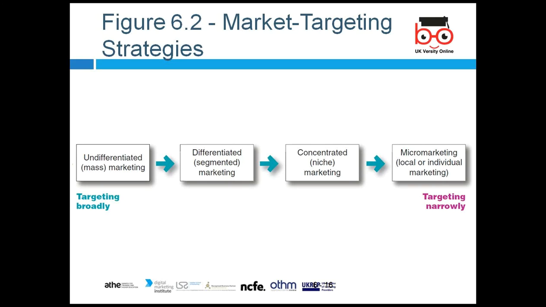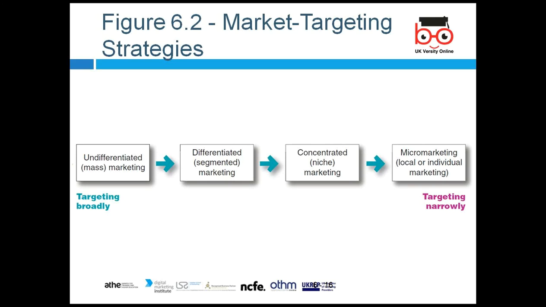So we can target them, we can segment them, we can divide them into groups. Undifferentiated mass marketing: if we want to target broadly, one product throughout the UK, we could use the word mass marketing. Differentiated segmented marketing: we can segment according to different areas, maybe north, south, mid.